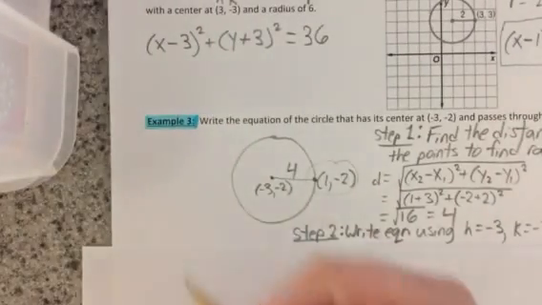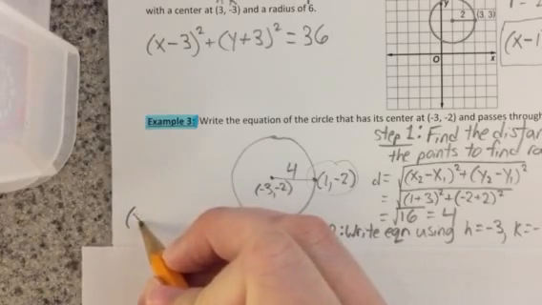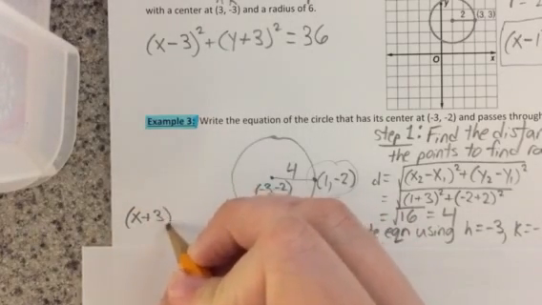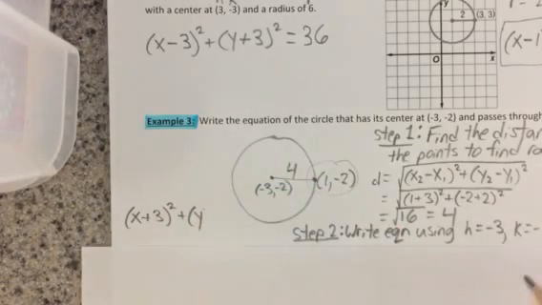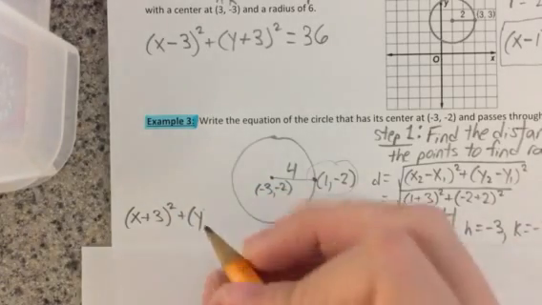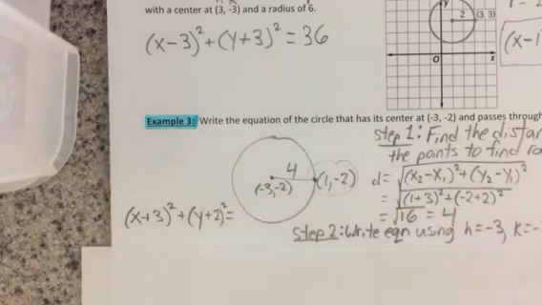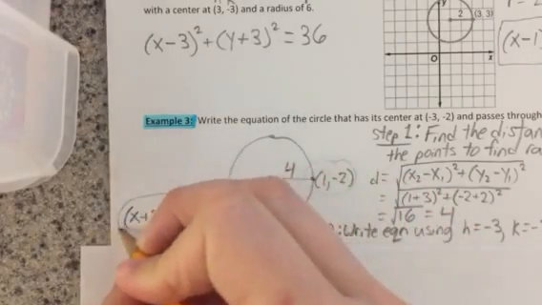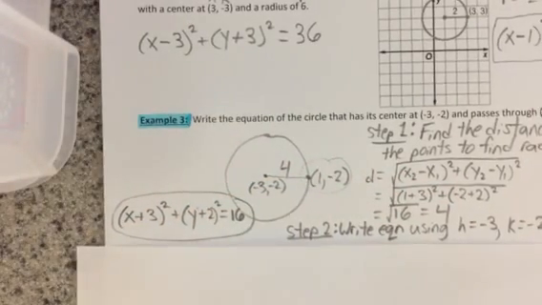And we'll put the final answer over here since I'm running out of room. So I would do x minus negative 3, so x plus 3, squared, plus y minus negative 2, so y plus 2, squared, all equals my radius squared. So 4 squared gives me 16. And there's my equation. You should be able to work on some example problems now from your worksheet.